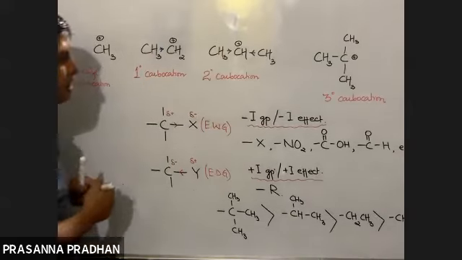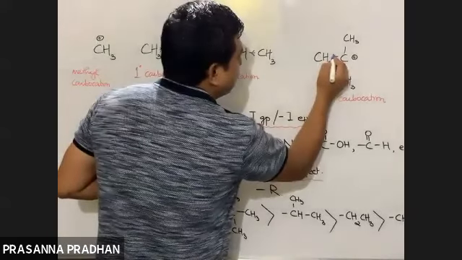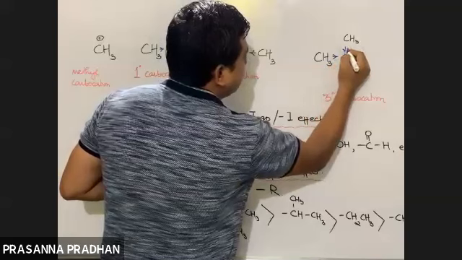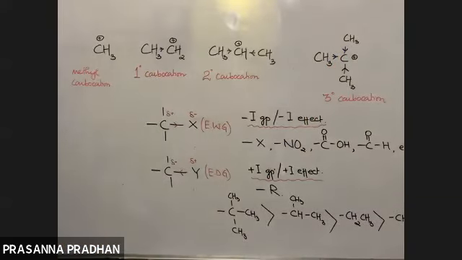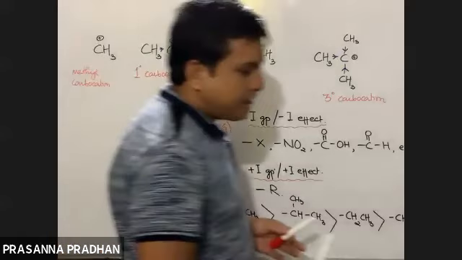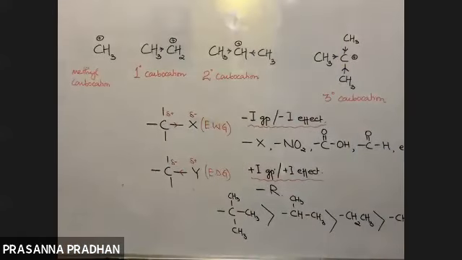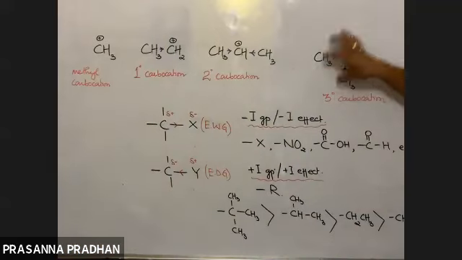But in the third case, there are three alkyl groups which are donating electron towards the carbon. That means the positive charge is neutralized to the greatest extent in this case, because there are three alkyl groups pushing electron towards this carbon.